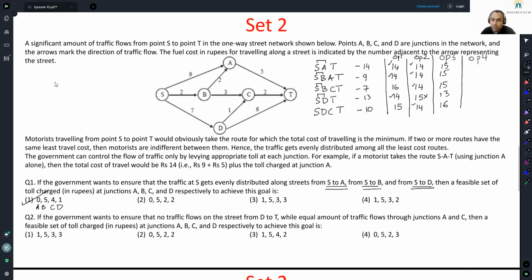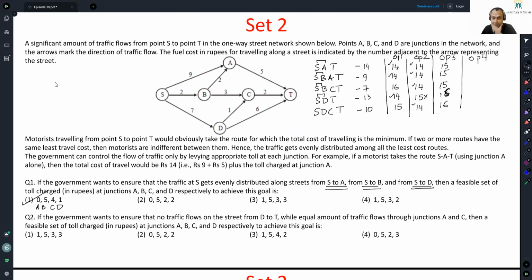So now see, nobody will go through the route SDT. Sorry, 13 was present here and 3 more, so this will be 16. So now people will go via SA and SB. Nobody will go via SD at all because that is the expensive route. So this is also not correct.